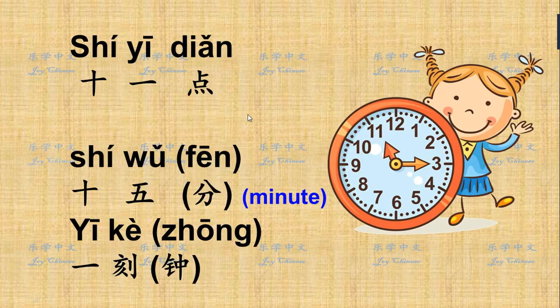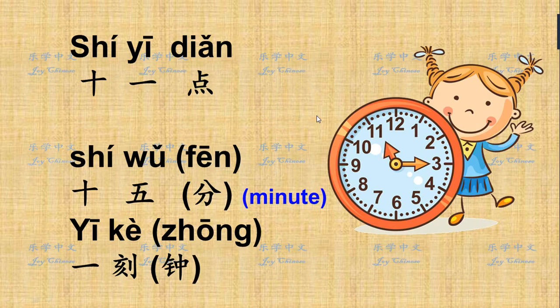Okay, here is 11:15, a quarter past 11 o'clock. In Chinese, we say first the hour and then the minute. We start with 11, plus o'clock, 点: 11点.